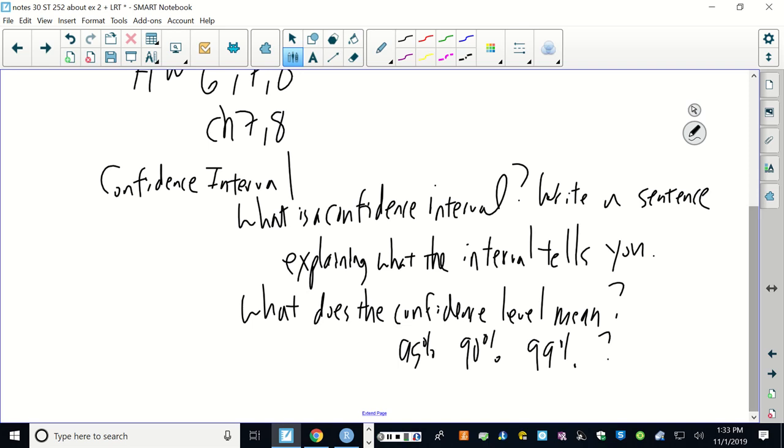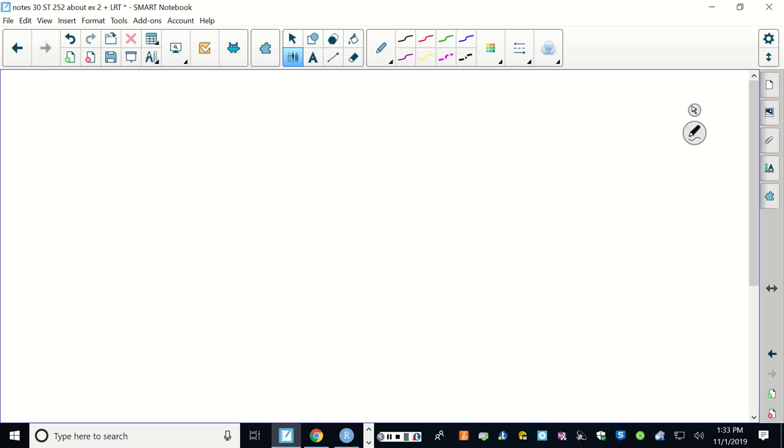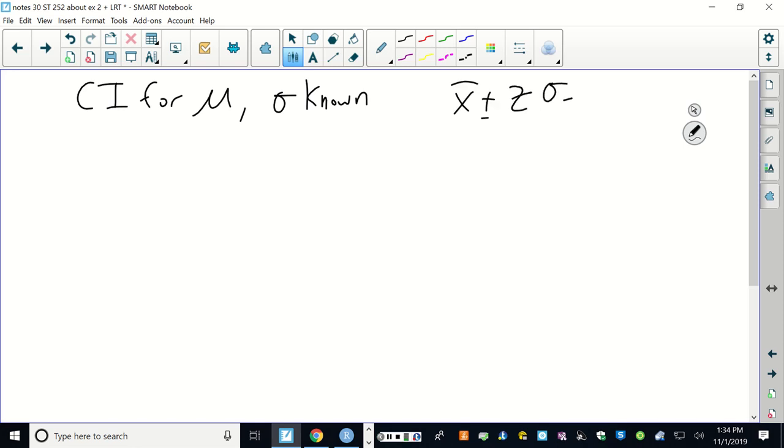There'll be ones where you specifically calculate some intervals, right? So we can do a confidence interval for a mean, for mu. And if you know sigma, you use a normal distribution, so I'll put a z value here, sigma over square root of n.